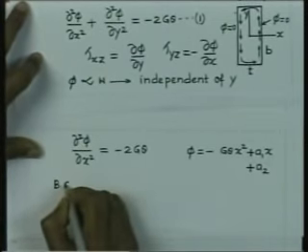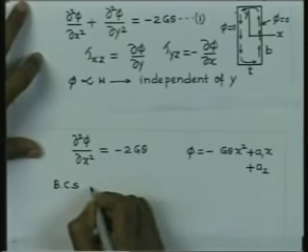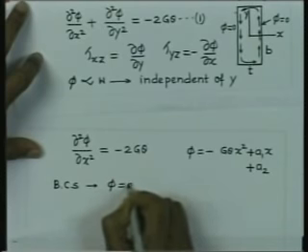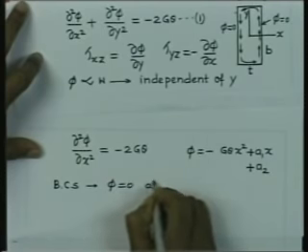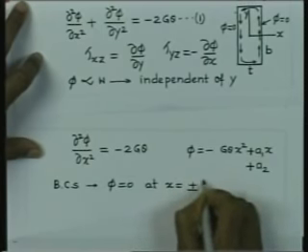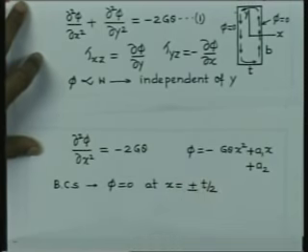Boundary conditions are phi equal to 0 at x is equal to plus minus t by 2.